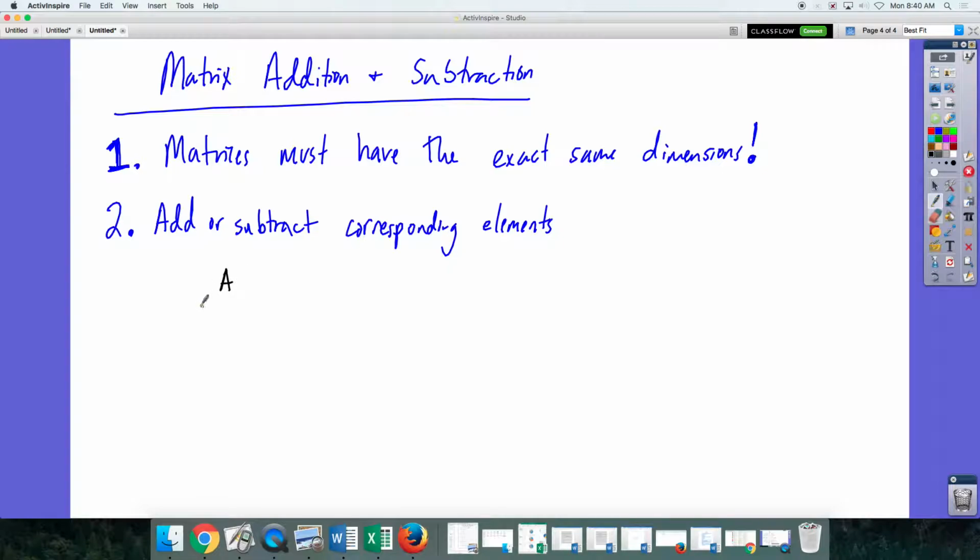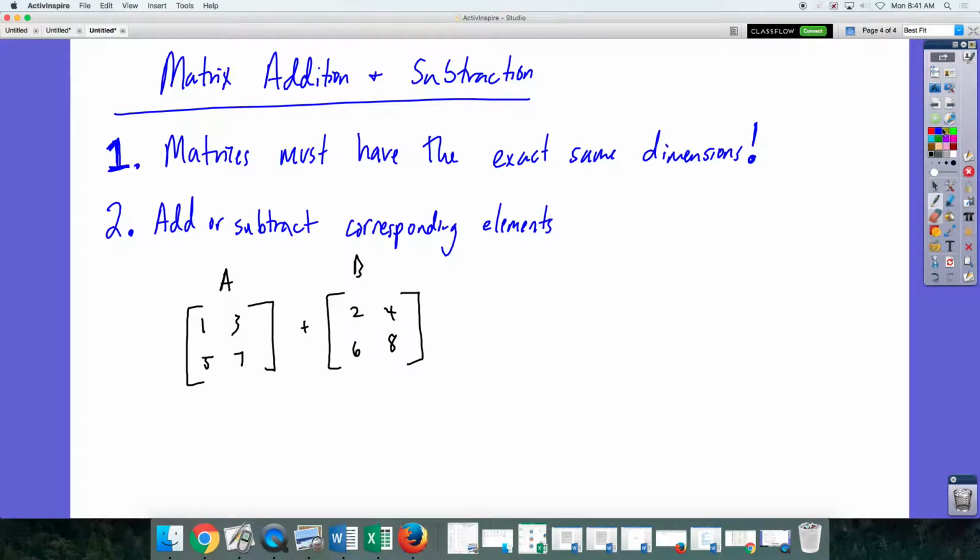Let's start basic. So let's say we got 1, 3, 5, 7. So that's matrix A, plus matrix B, 2, 4, 6, 8. All right, so the first thing we're going to do when we have to add and subtract is start with step 1. Do I have the same dimensions? So we're going to label each one.